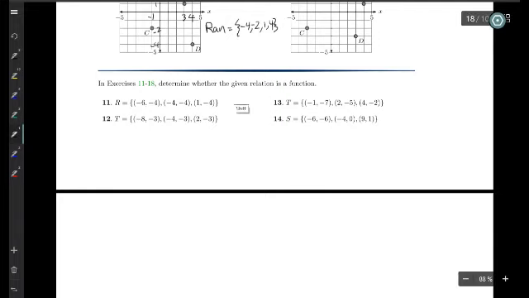And determine whether the given relation is a function. So 12. We see -8, -4, and 2. So distinct.